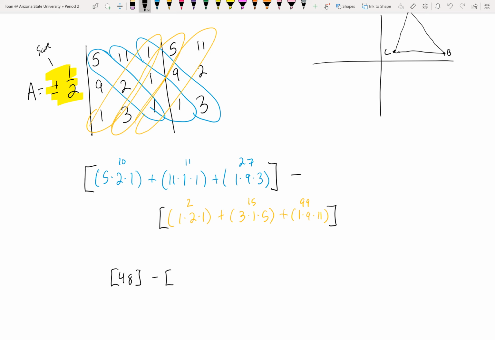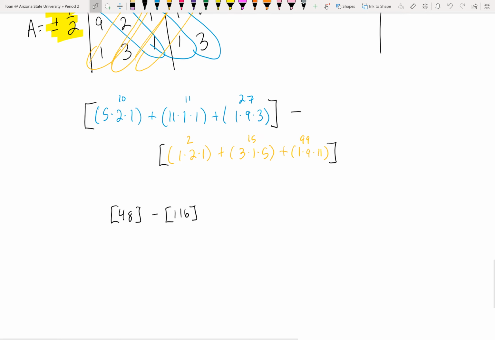Well, 90 plus 10 is 100. So 9 plus 7 is 16, so it's 116. And 48 minus 116. It's not 32. So negative 68. Yeah, negative 68. Good. Okay.